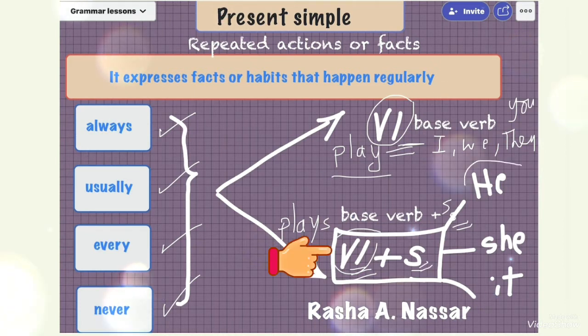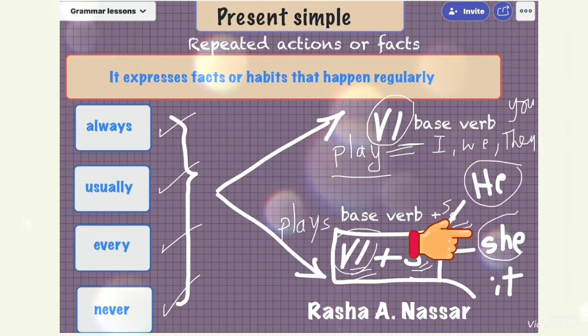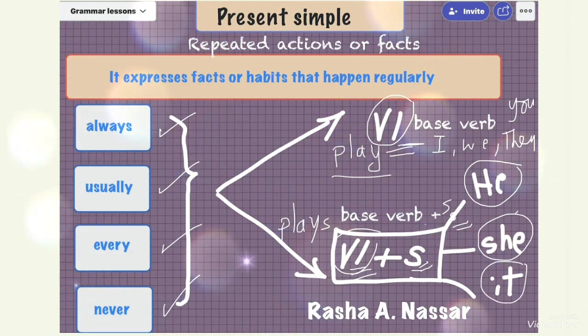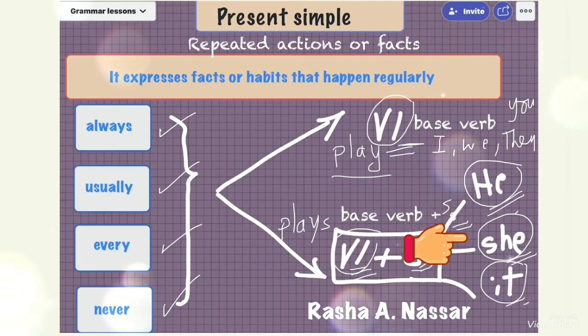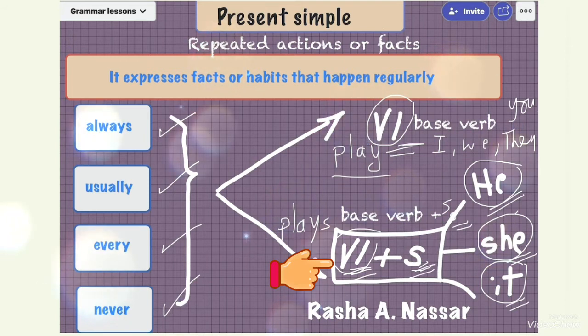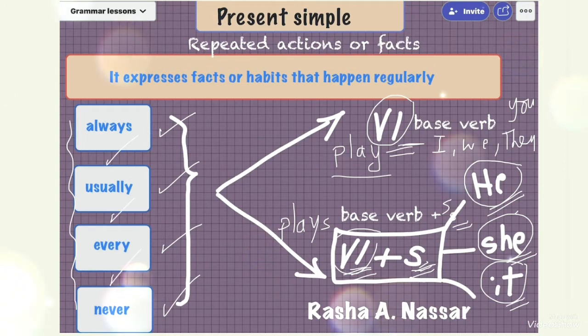With he, she, and it. So it means if I see he, or she, or it, I will use the verb with S when I see any one of these keywords: always, usually, every, or never.